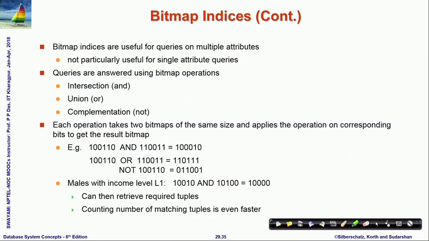So, say you are looking at males at income level L1, then you can just take the bitmap for gender and the bitmap for income level and do the ANDing, and you get that the first record has value 1. So, that is the answer, and you can quickly come to that.